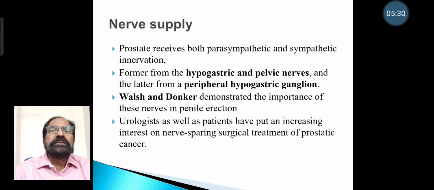Former from the hypogastric and pelvic nerves, and latter from the peripheral hypogastric ganglion. Walsh and Donker demonstrated the importance of the nerves in penile erection. Urologists as well as patients have put an increasing interest in the nerve-sparing surgical treatment of prostatic cancer.